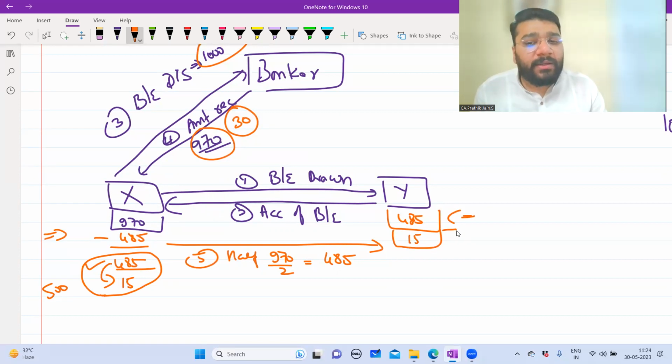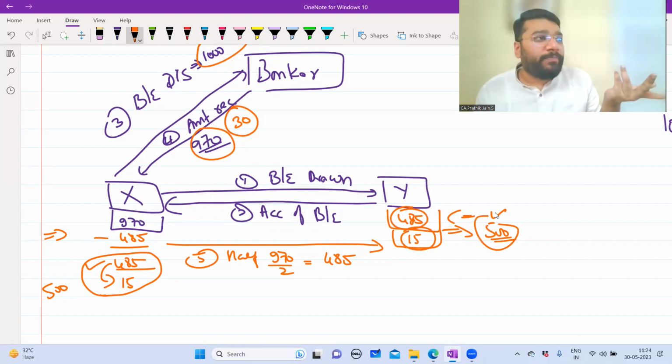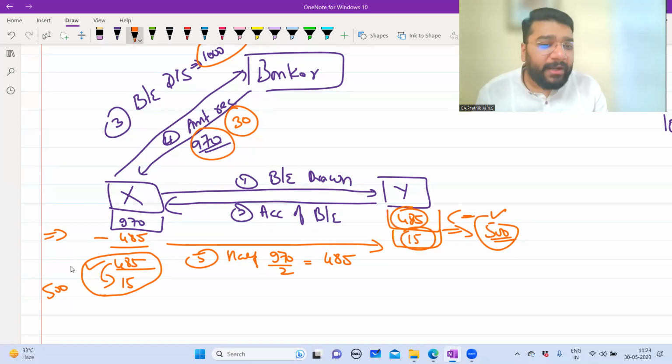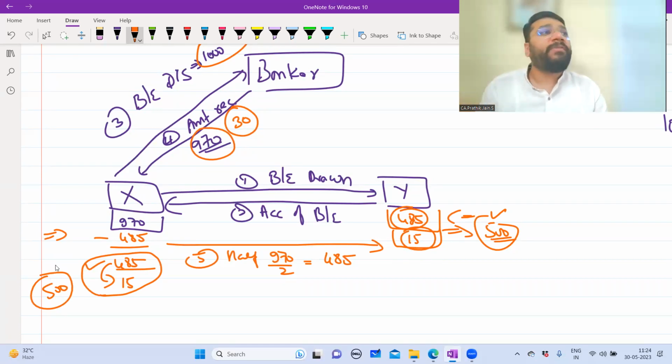If I put together, how much is the total money that Y is enjoying? 500. To enjoy this 485, from 500, 15 rupees is spent. But 500 is his money, no? From that money only he spent 15 rupees. So can I say Y is enjoying 500 and X is enjoying 500? When the money is discounted, X is enjoying 500 rupees, Y is enjoying 500 rupees.